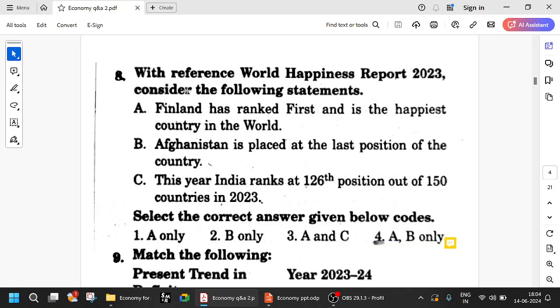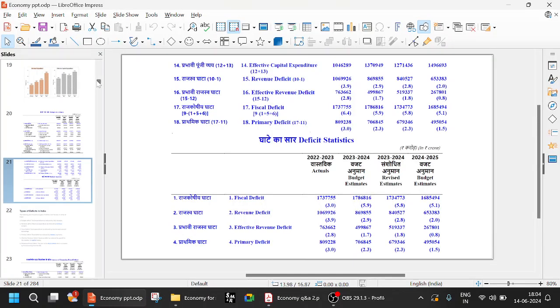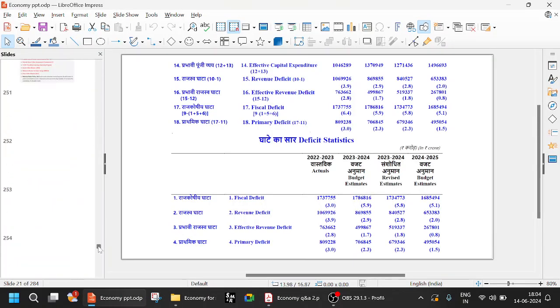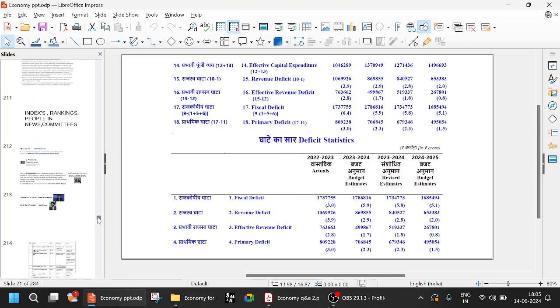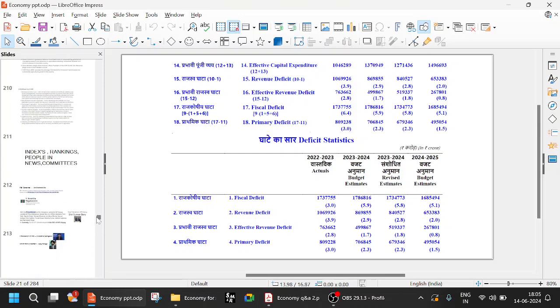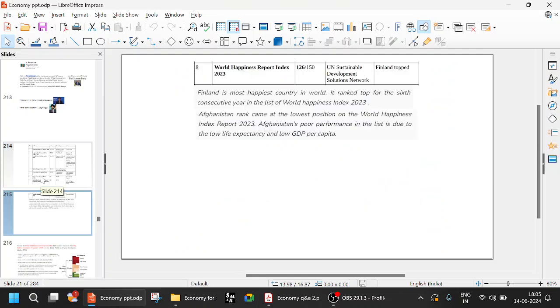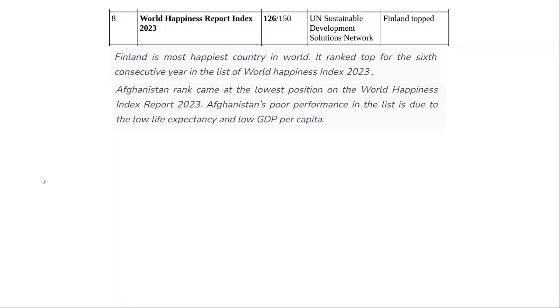Okay. With reference to the World Happiness Report 2023, consider the following statements. Let us go to the reports. In the World Happiness Report Index 2023, India ranks 126. Try to remember, very important.